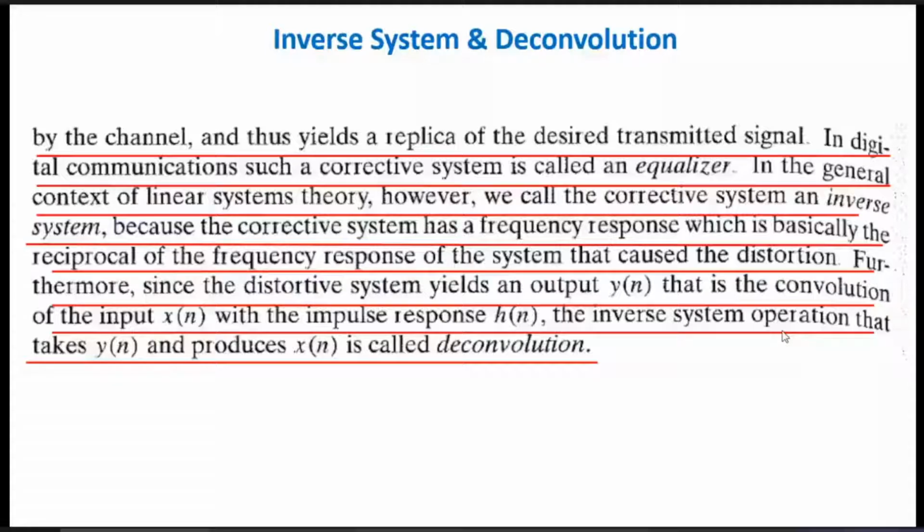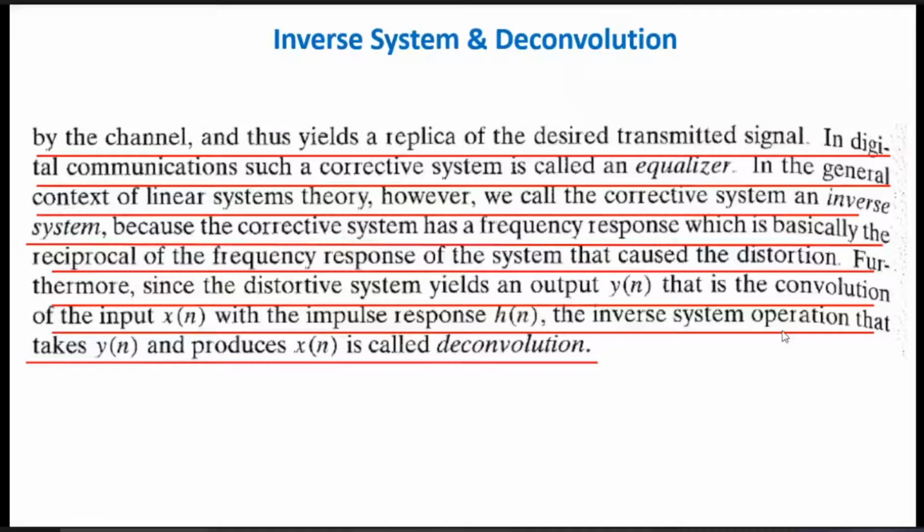When you reconstruct the data that was actually transmitted, it will not match. You will not be able to reconstruct it properly, because of the internal error that exists within the channel, which causes some distortion.